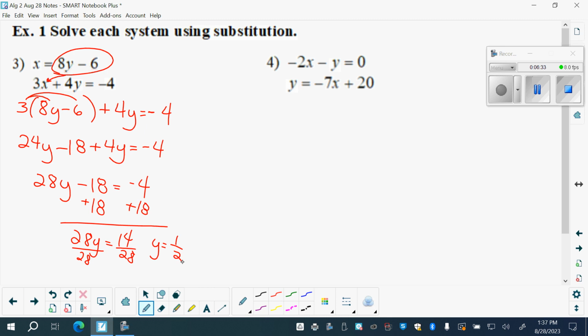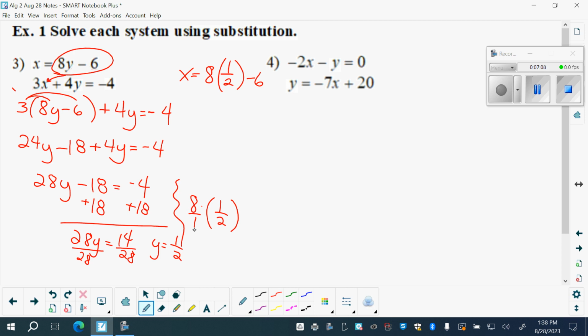So we can use either one of these two equations. Because this first one has the x by itself already, that's the easiest one to use. So we're going to use that one. And we're going to substitute 1/2 in place of the y. So we have 8 multiplied by 1/2 minus 6. So down here, I'm going to take the 8 times the 1/2. Eight is the same thing as 8 over 1, right?